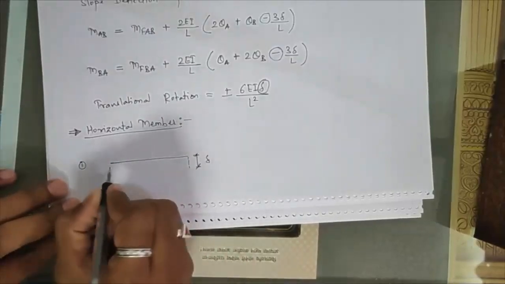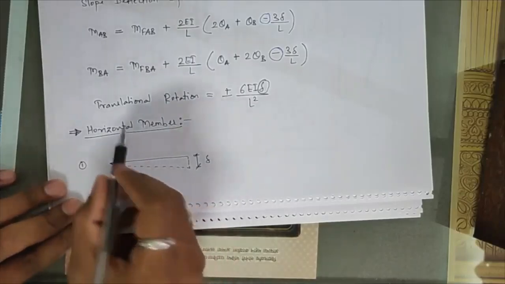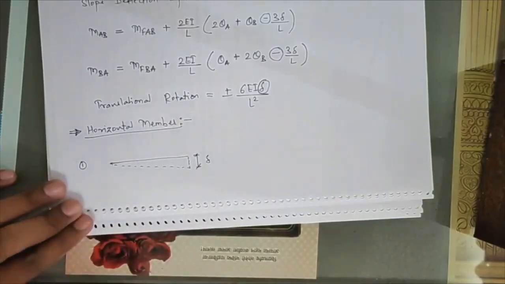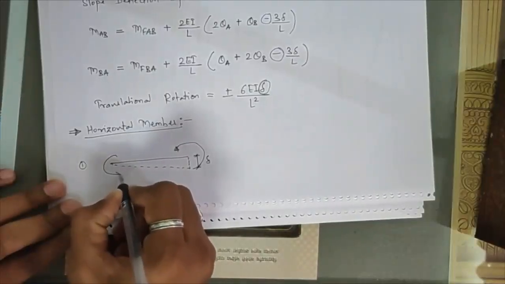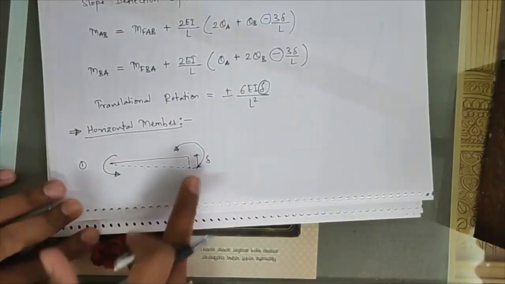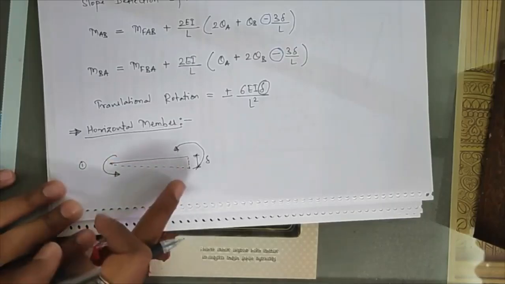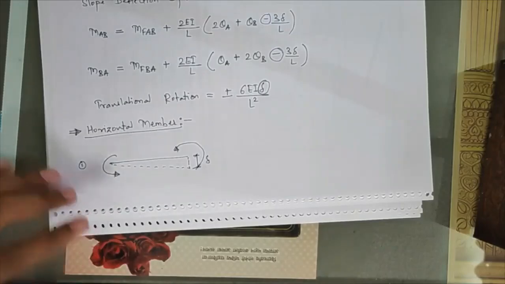So what will happen? This member will be bending in this way, which will cause translational rotations at both ends, as we have discussed. The direction from which the displacement pattern is seen, in the same direction you have to take these moment rotations.